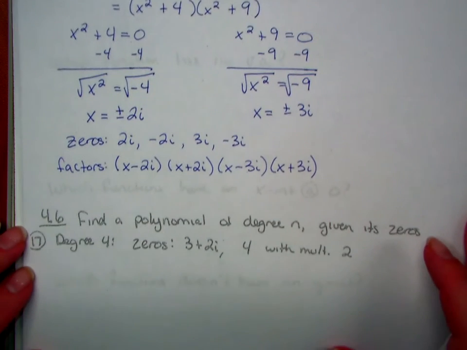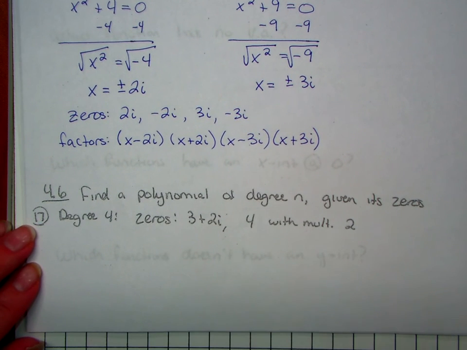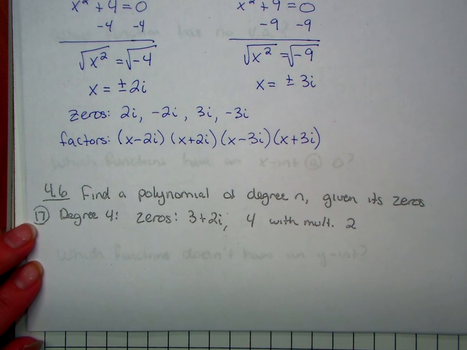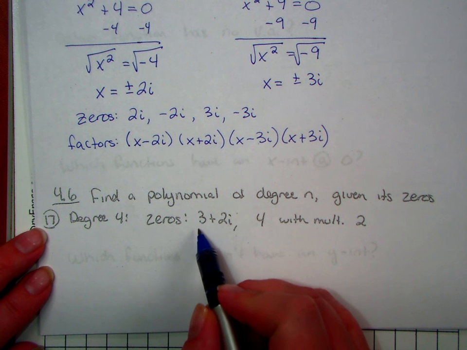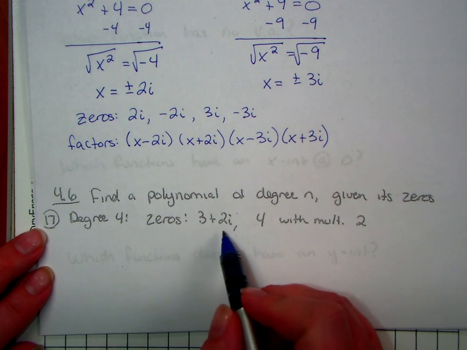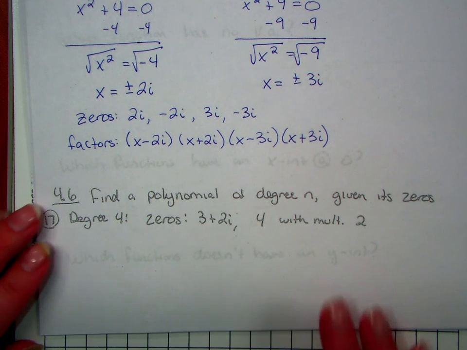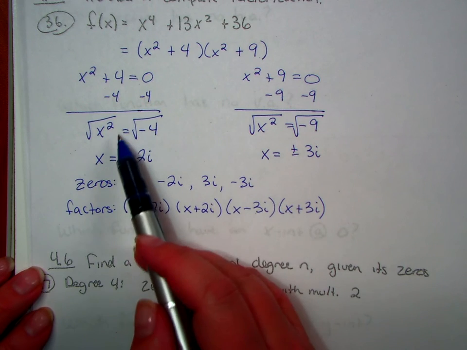All right, the question on the final is not written like this, okay, because we actually didn't really do this problem. But the question is going to be stemming from what you do with imaginary zeros, okay? So I want you to notice what happened above.